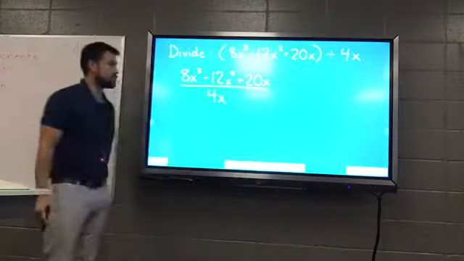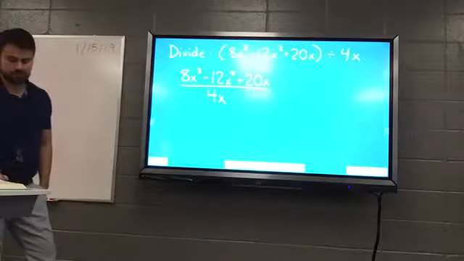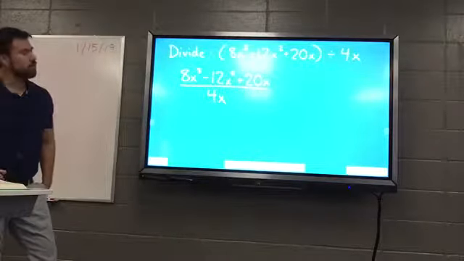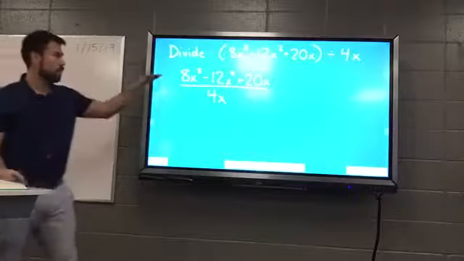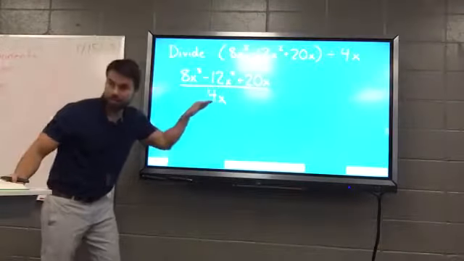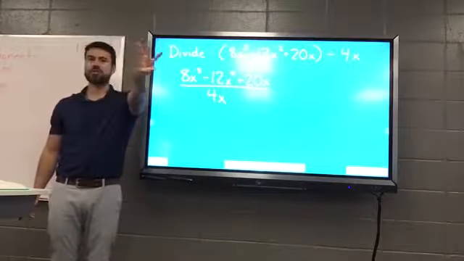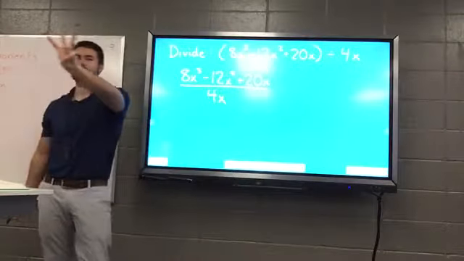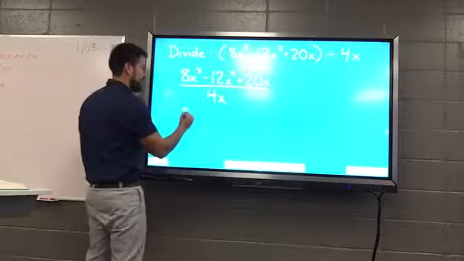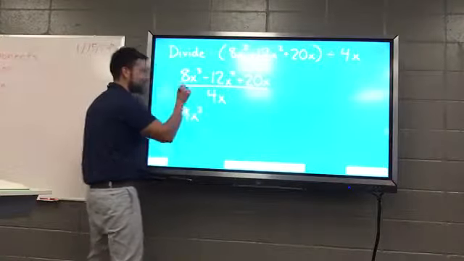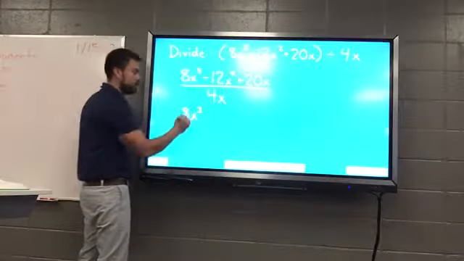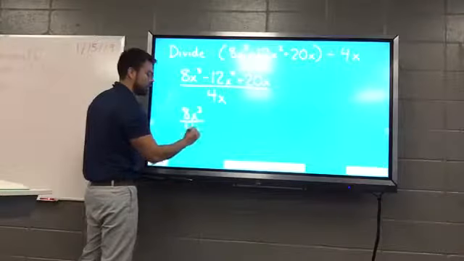Okay, that's the fraction. If you have a trinomial over a monomial, you can split it into how many individual fractions? 3. Go ahead and do this. 8x cubed. Is that the first term? And you're going to put that over 4x.